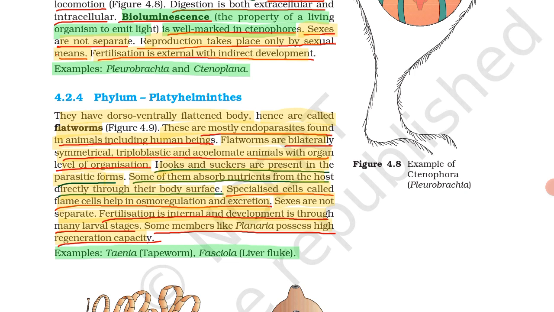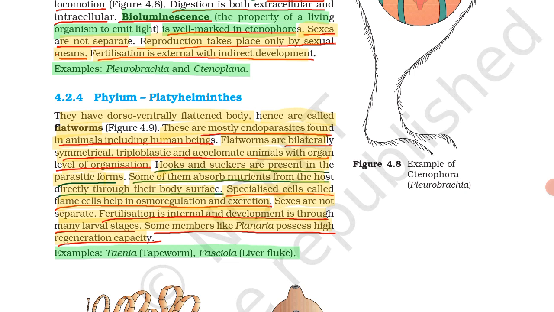Next, specialized cells called flame cells help in osmoregulation and excretion. The most important point in Platyhelminthes is that they have specialized cells called flame cells.